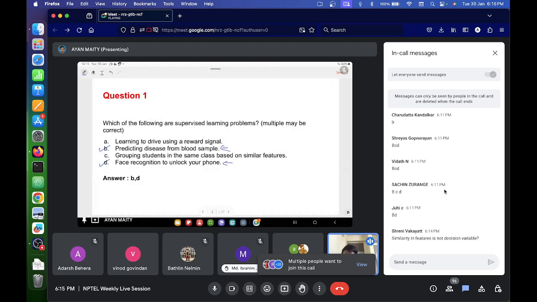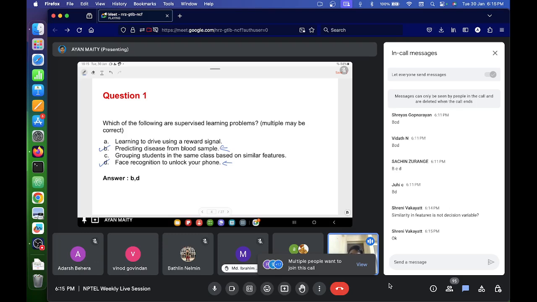But in case of grouping students in the same class based on similar features, we are grouping those students based on features. Features are different from decision variables. Features are the input features or the attributes, and the output is the decision variable, also called the target variable, that we want to predict. So that's why the similarity features are not decision variables. Decision variable is something that your model would predict as output.